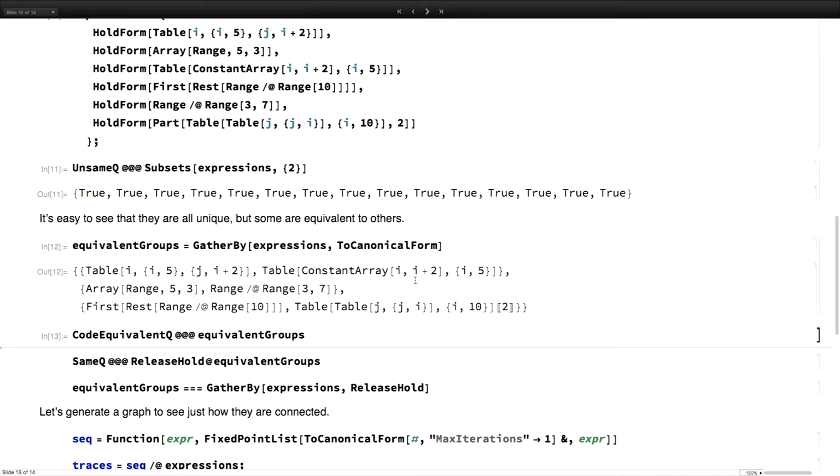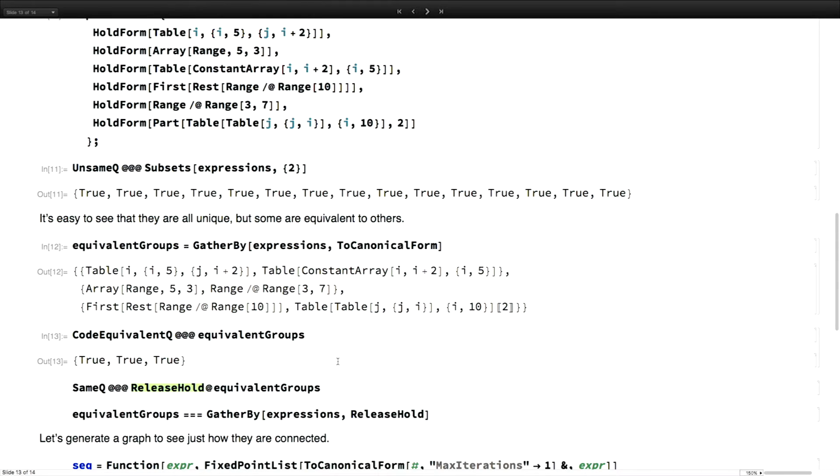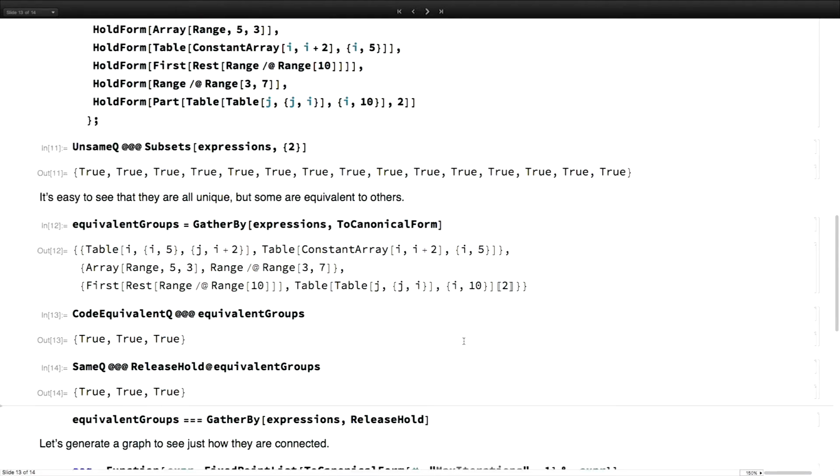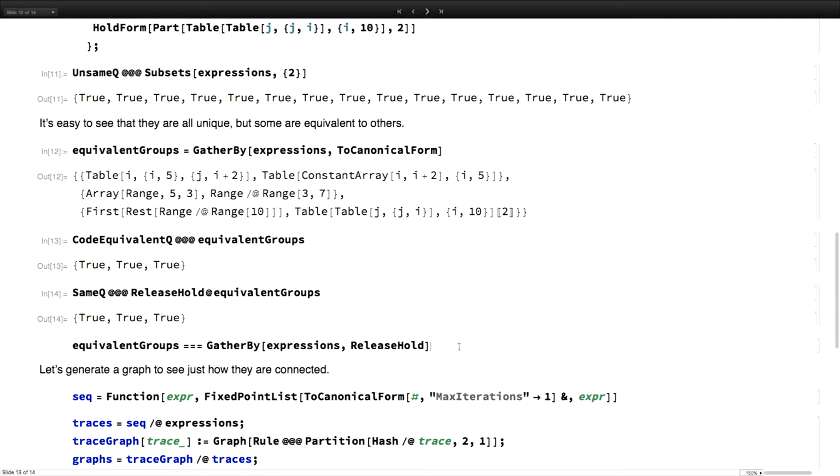And each of those classes are equivalent by this function I made that says so. So trust me on that one for now. But if I release the hold and check, that verifies it.